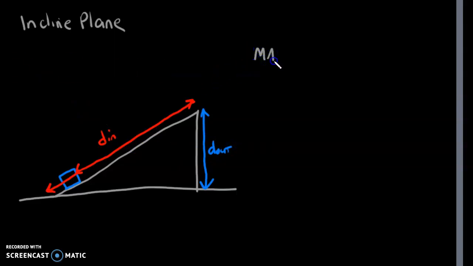So again, mechanical advantage is equal to my distance in divided by my distance out. So the length of my ramp divided by the height of my ramp gives me the mechanical advantage, which is also equal to the force out divided by the force in.